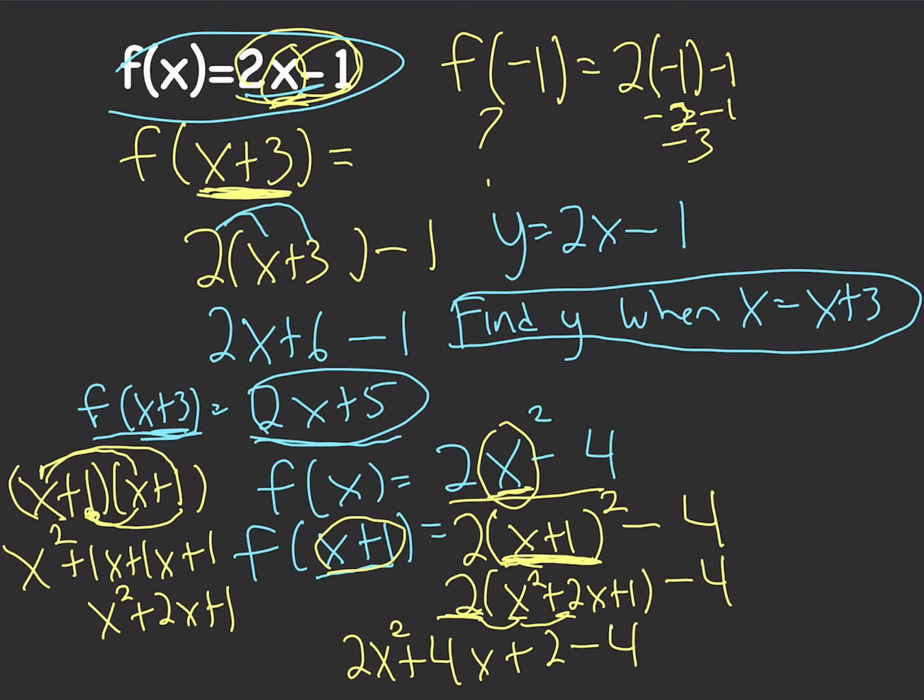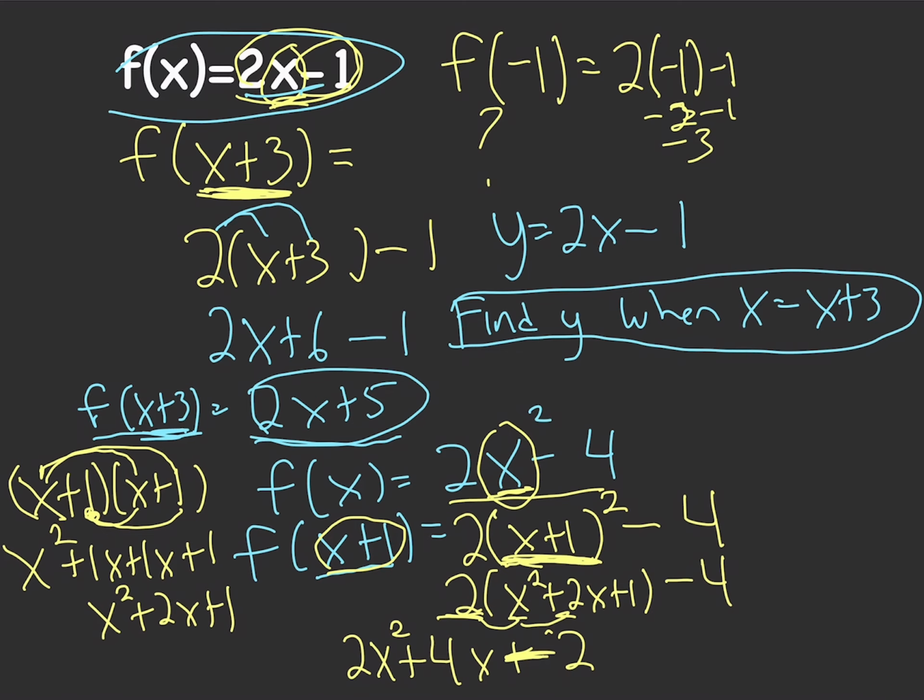And then I can combine the like terms there with the 2 minus 4, and you're going to get a -2. So that's how you use function notation, and it's really a notation thing, shorter than writing out the question, and so you want to get used to doing that. But once you get used to that, they start to become pretty smooth.